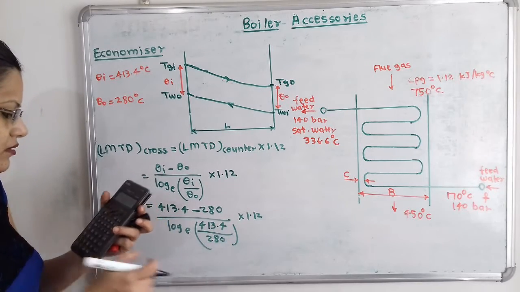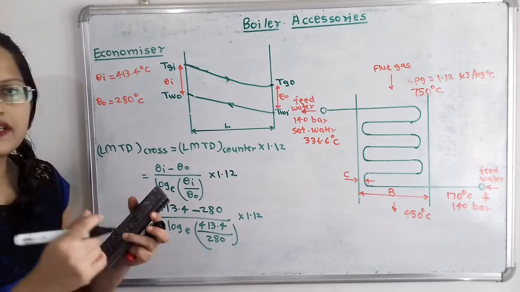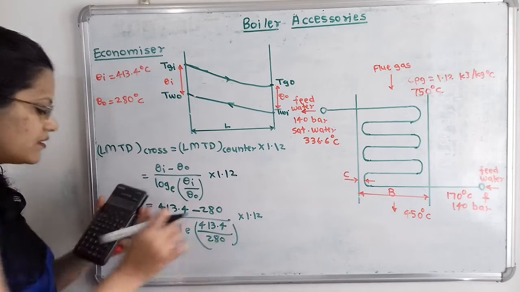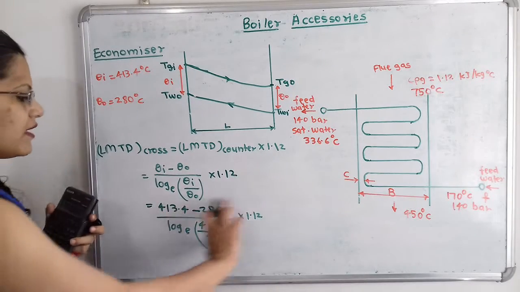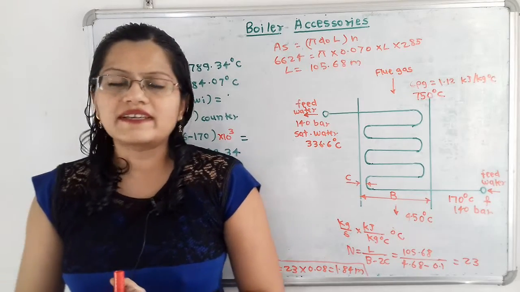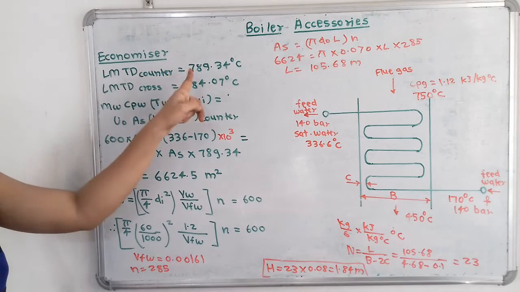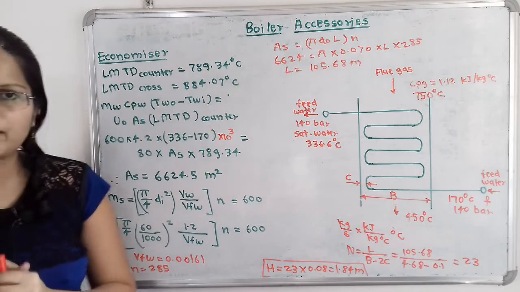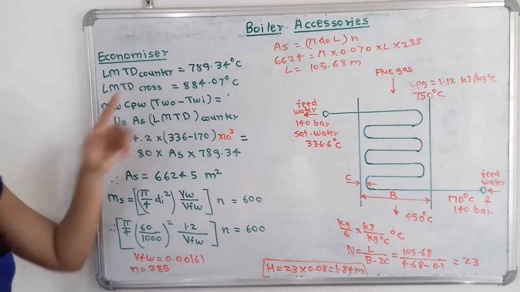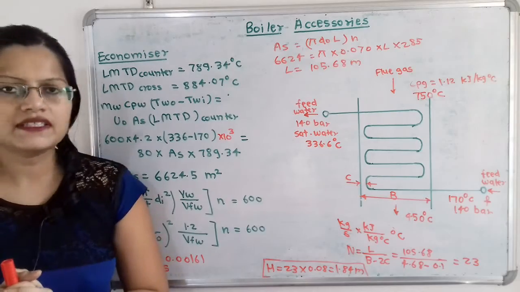When we calculate this, it becomes 0.169, so the denominator is 0.169. Now we will calculate all this. The calculated log mean temperature difference for counter flow is 789.34 degrees Celsius, and the log mean temperature difference with the correction factor is 884.07 degrees Celsius.